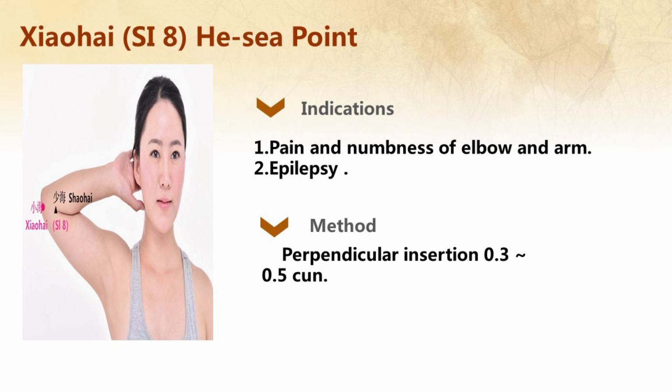The acupoint can cure pain and numbness of elbow and arm, epilepsy. The operation method of this acupoint is perpendicular insertion 0.3 to 0.5 寸.